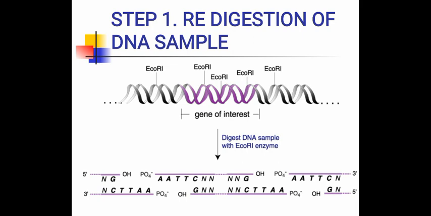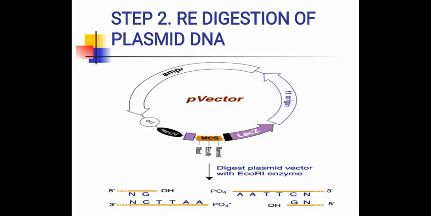Digestion is nothing but, with the E. coli enzyme, the restriction enzyme will come and cut the DNA molecule at specific sites, producing two unequal halves with blunt ends or staggered ends or sticky ends of the DNA molecule.